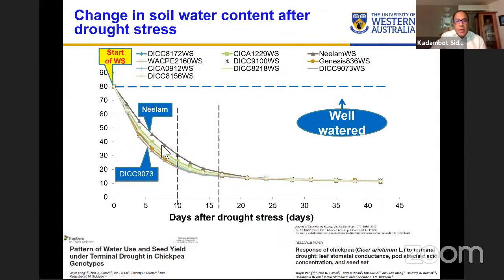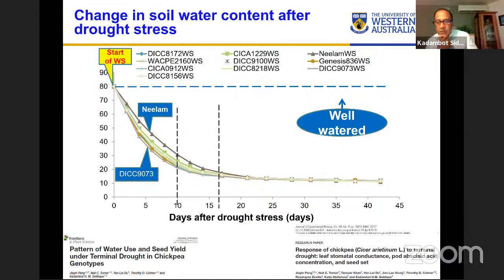So you can see in the profile how they're using it. Neelam, one of the varieties I have developed here, is taking water slowly and making available water for seed filling better compared with this ICC 9073. So this is related to the root system. That is the pattern of water use, seed yield, and terminal drought in chickpea.